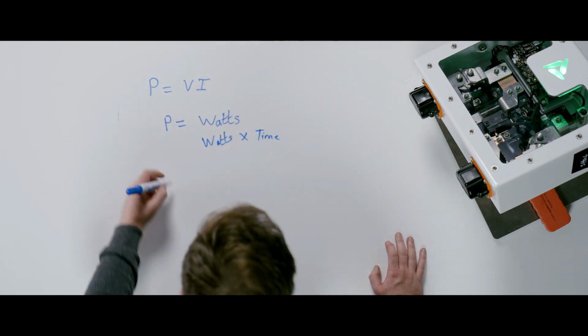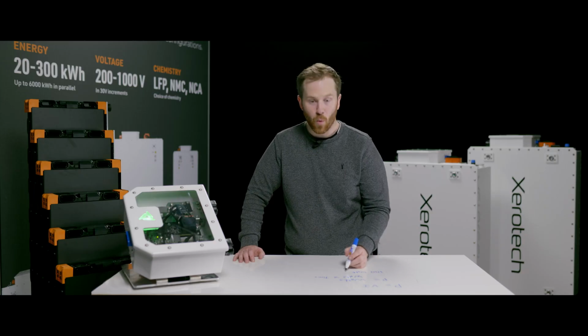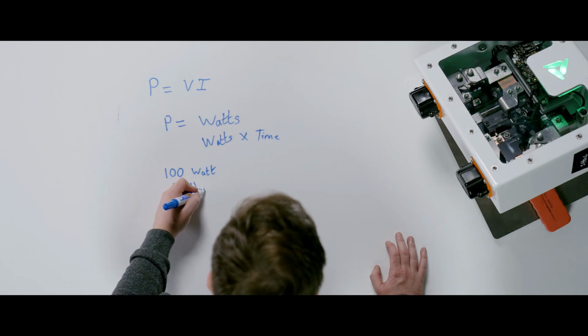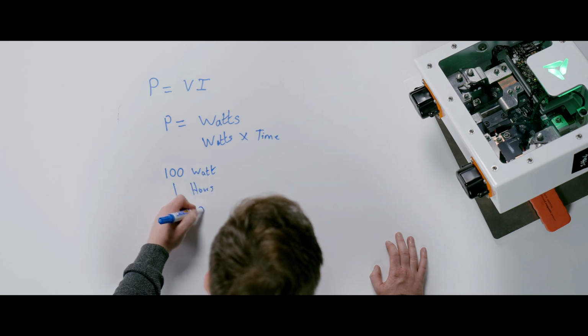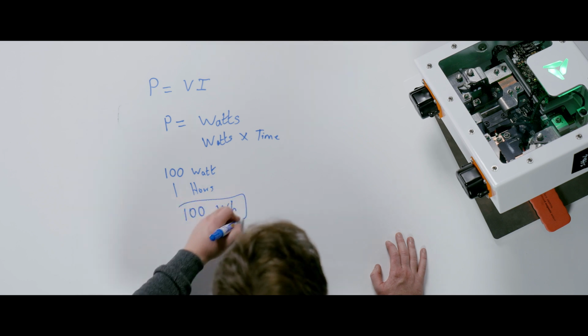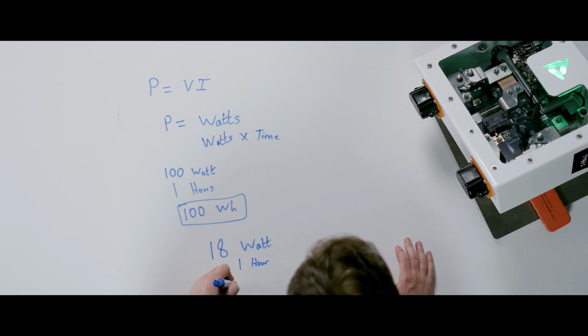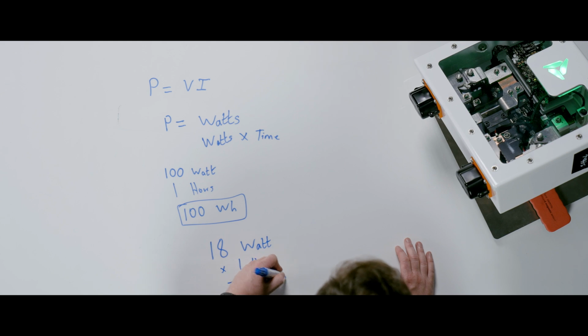Very simply, if you've got a 100-watt light bulb and you run it for 1 hour, you will have consumed 100 watt hours. Similarly, if you've got an 18-watt light bulb and run it for 1 hour, that's equal to 18 watt hours.